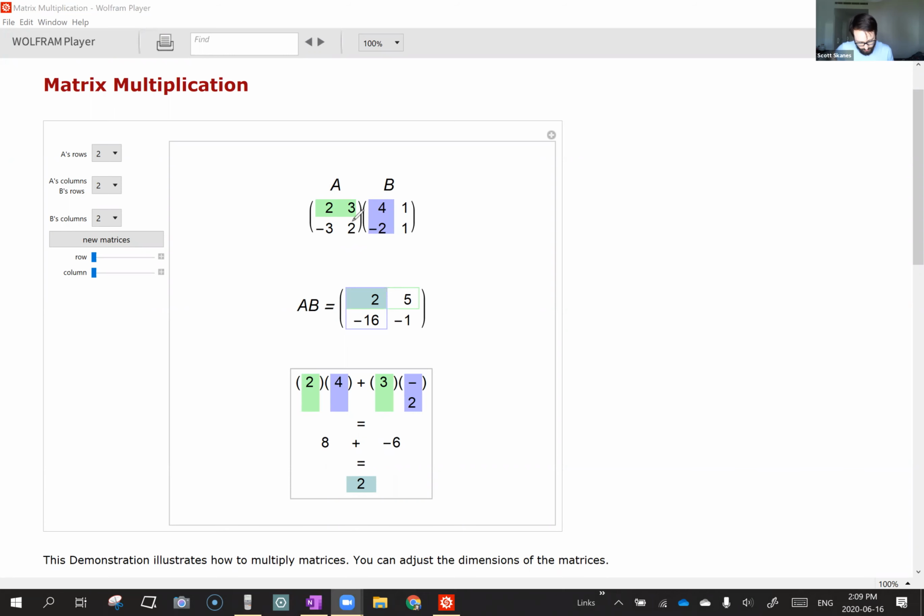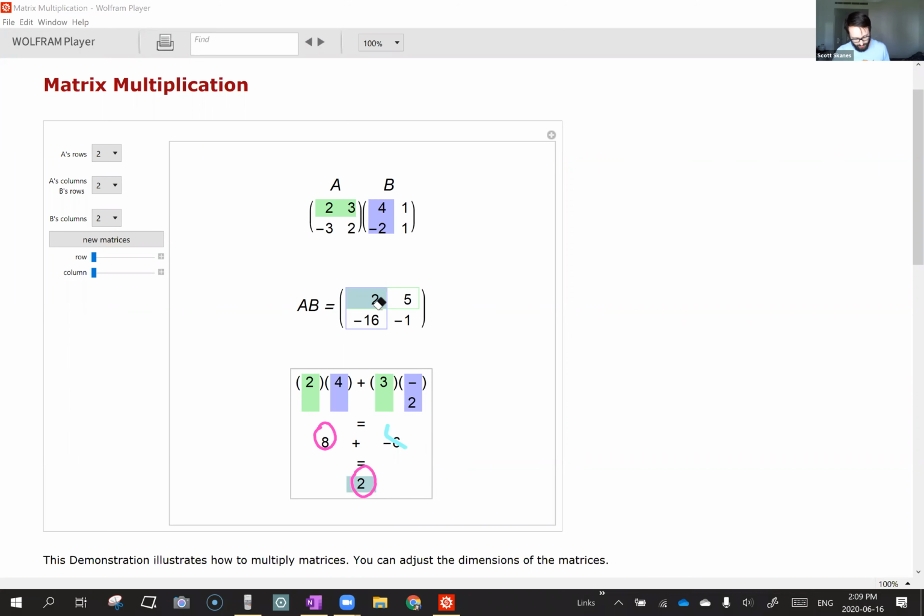Each term will multiply together. Look, the 2 and the 4 give 2 times 4, and then the 3 and the 2 give 3 times 2, and you add those results. What do I get? I get 8 plus negative 6, which gives 2. And that goes into the first row, first column of the final matrix.